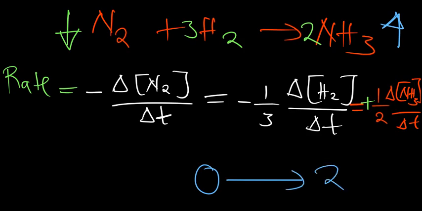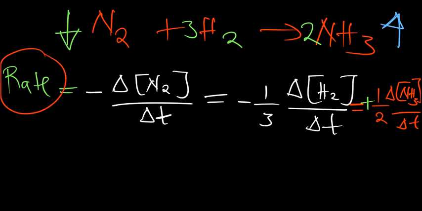But on the other hand, the reactants are going to be reducing. So that's why we're adding negatives to ensure that we get positive answers for the left and the right hand side. Okay, that's for the rate of the reaction. Are we together? So this plus the factors is what you've learned tonight.